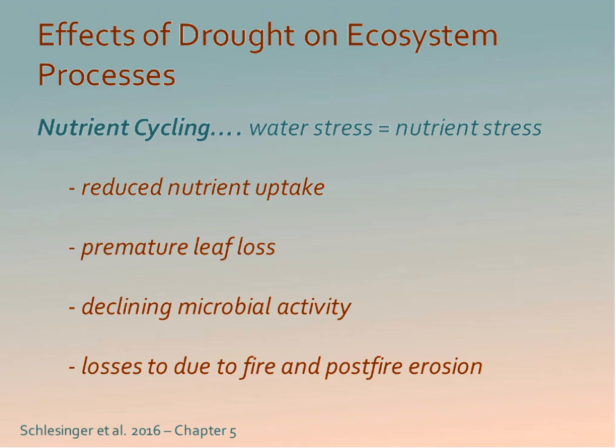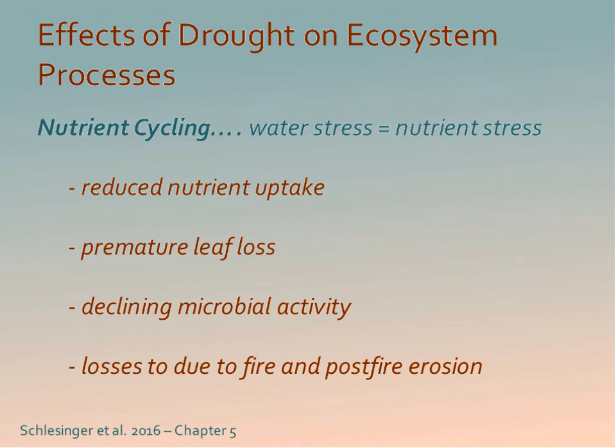First is nutrient cycling, and the take-home message here, and certainly one of the reasons why productivity can be substantially impacted by drought, is that water stress essentially equals nutrient stress. When you have less water in the soil, when you have less water moving through the trees, perhaps dieback of roots and aboveground components, you begin to get reduced nutrient uptake, premature leaf loss, declining microbial activity, so a slower cycling of many of the processes required to provide available nutrients to the trees.